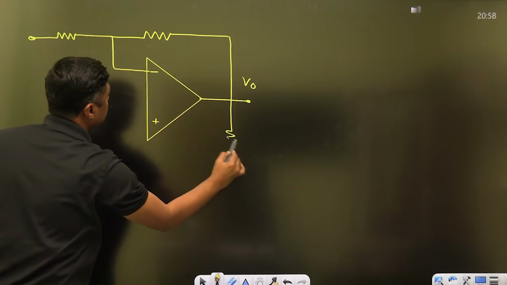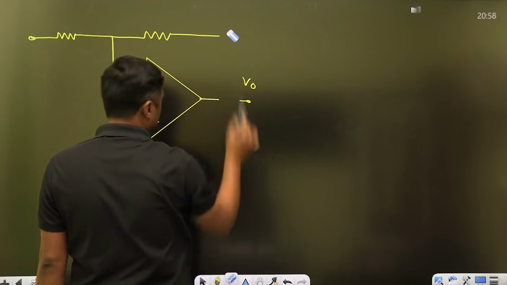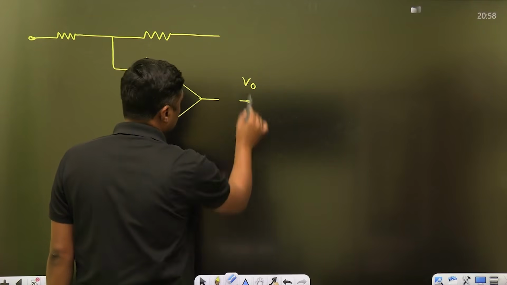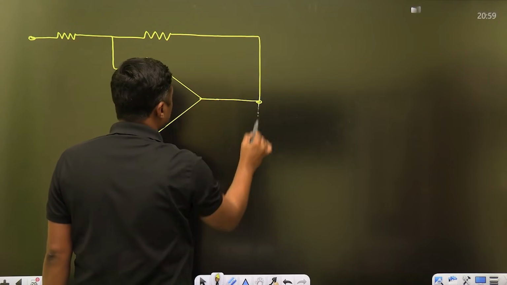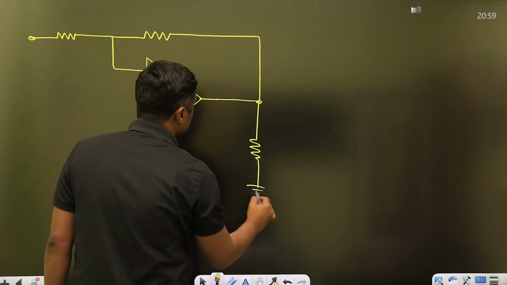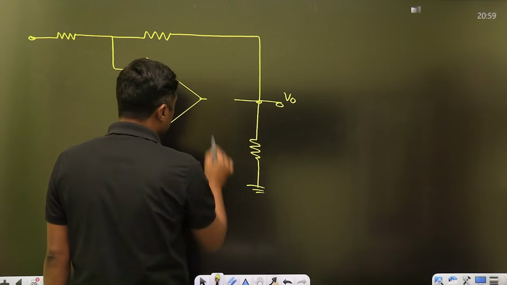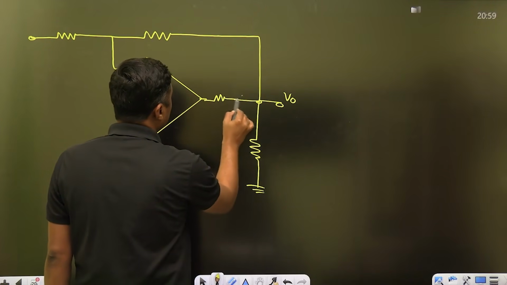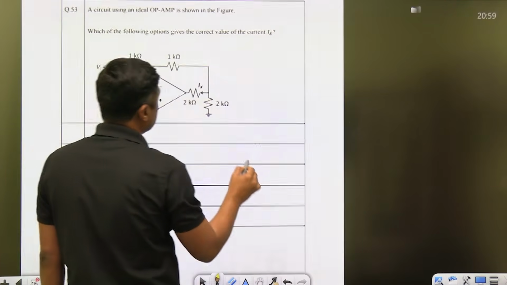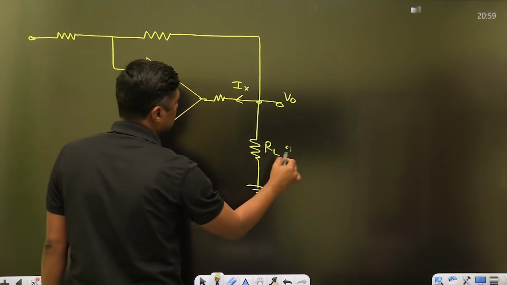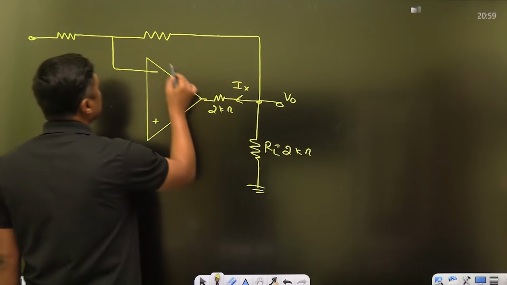One RL is connected here, and one resistor is also connected here. Ix you have to calculate. This RL is given as 2 kilo ohm, and this resistor is also given as 2 kilo ohm. Current through this is required.